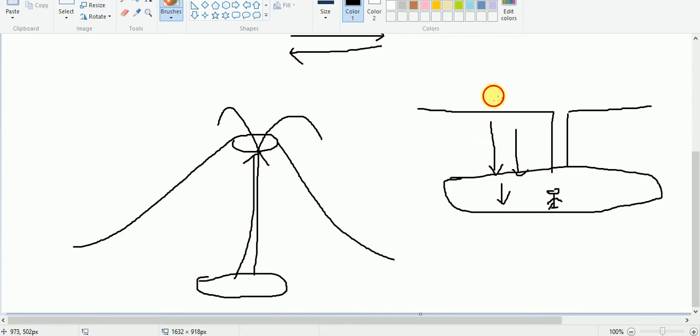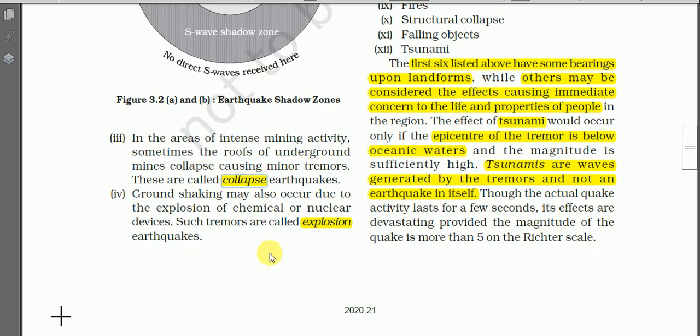When this roof is collapsed, there may be a tremor, there may be shaking of the earth surface, and that is known as collapse earthquake. The earthquake which is caused by collapse of the roofs of underground mines is known as collapse earthquake. So it occurs only in the mining areas where the mining activity is of underground type.